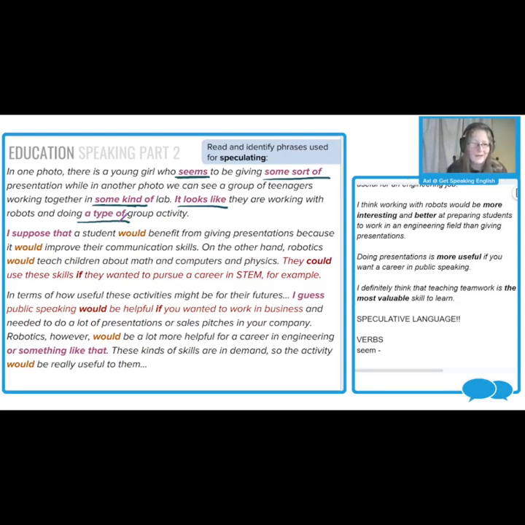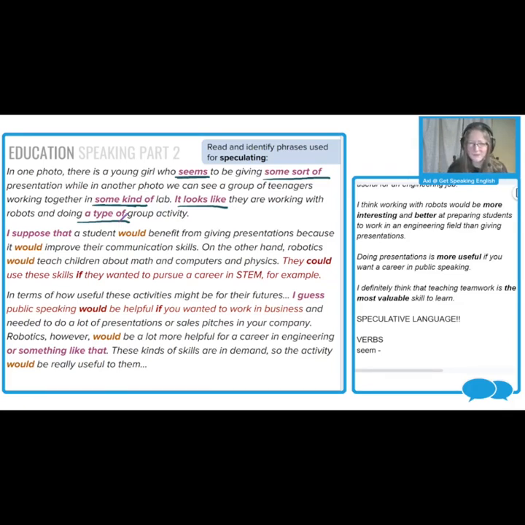I suppose that a student would benefit from giving presentations because it would improve their communication skills. On the other hand, robotics would teach children about math and computers and physics. They could use these skills if they wanted to pursue a career in STEM, for example.